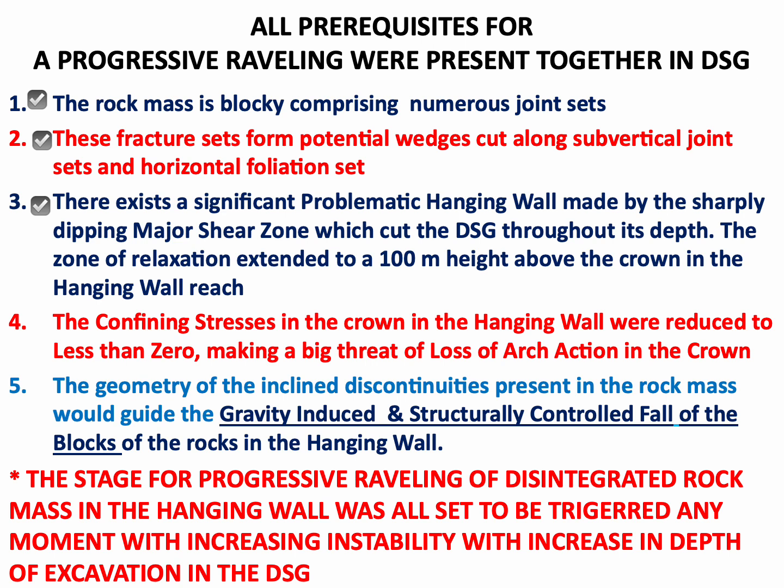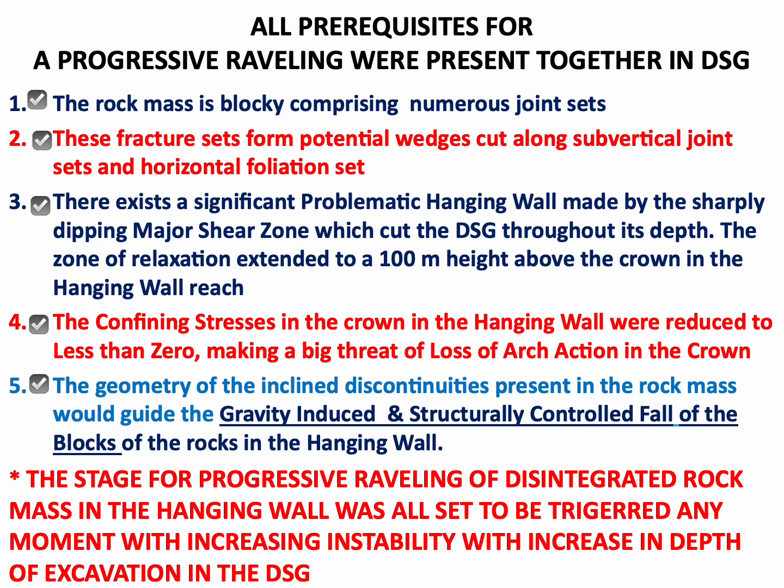Next, the confining stresses in the crown in the hanging wall reach are reduced to less than zero in the case of the downstream surge gallery also. The rock blocks subjected to tensile forces had thus become a disintegrated mass, making a big threat of loss of arch action in the crown.